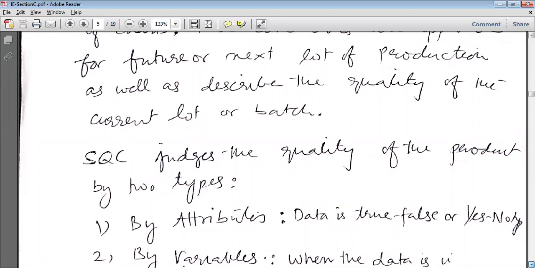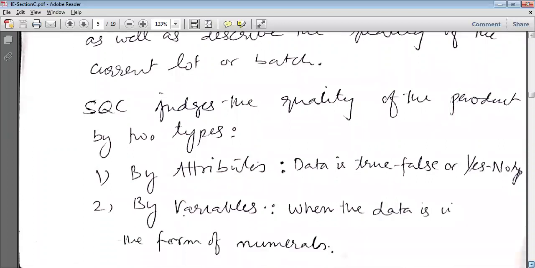For the time being, I will tell you two more things about SQC. Statistical quality control has two types of inspection: one by attributes, one by variables. Attributes are the non-measurable aspects like luster, taste, beauty. These cannot be measured: whether a product is beautiful or not, whether the product has more luster or not, whether the product is straight or not.